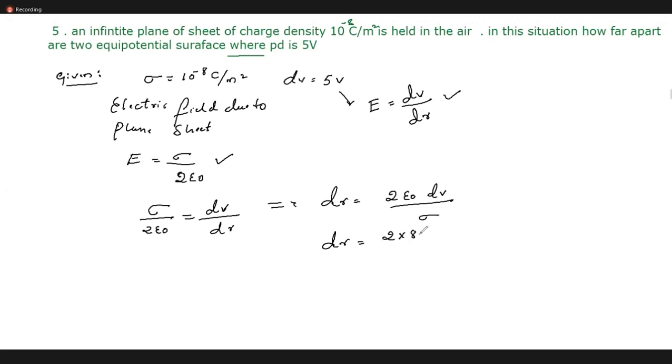2 into 8.854 into 10 to the power of minus 12, dV is 5 volt, divided by 10 to the power of minus 8. Then tell me the dr value in mm.